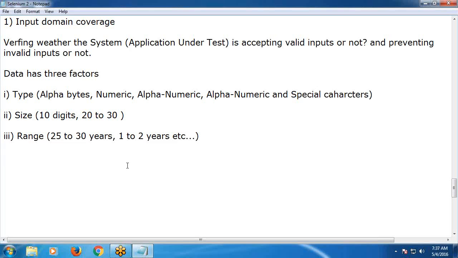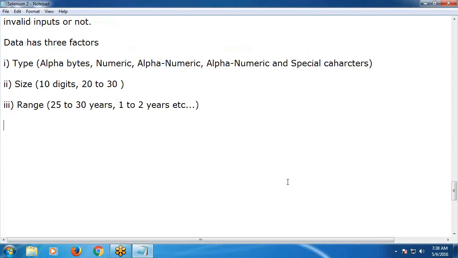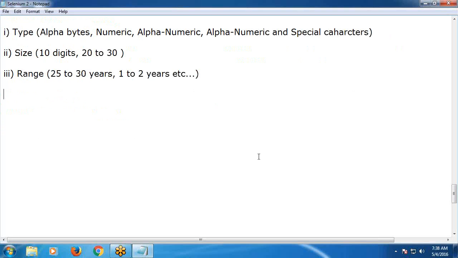Some applications show a meaningful error message, some applications just reject. And one more thing here, field level validation and form level validation. If you enter incorrect data, then the field immediately rejects that data. Suppose after entering all mandatory fields, then form submission. That is form level validation.